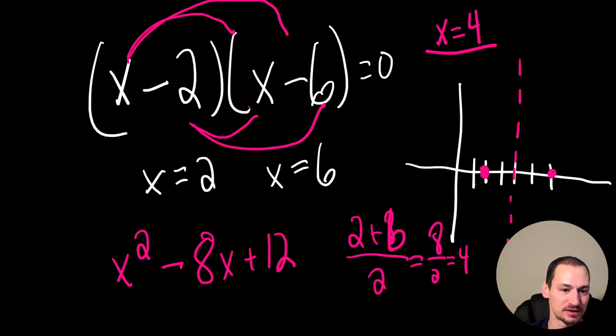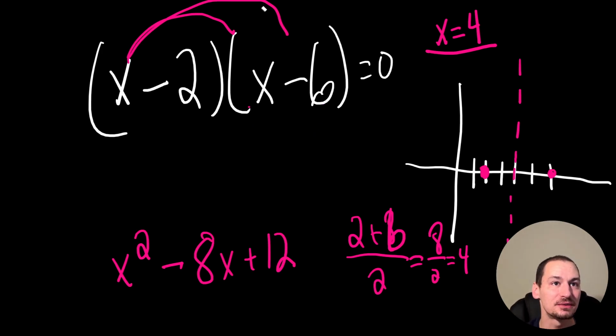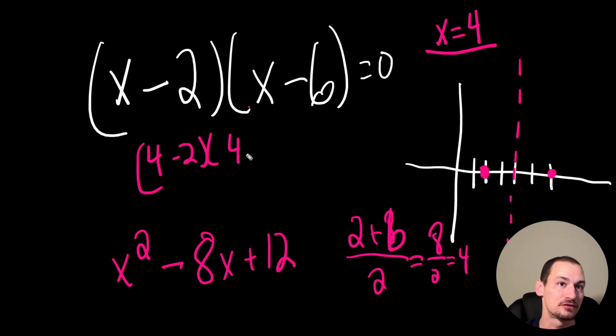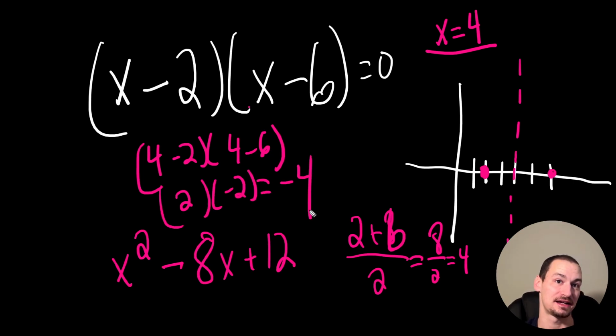So I'm going to erase this so we get a little room. I'm going to plug this x equals 4 into this equation right here, 4 minus 2, and then 4 minus 6. 4 minus 2 is 2, 4 minus 6 is -2, and I'm multiplying those, so I get -4.